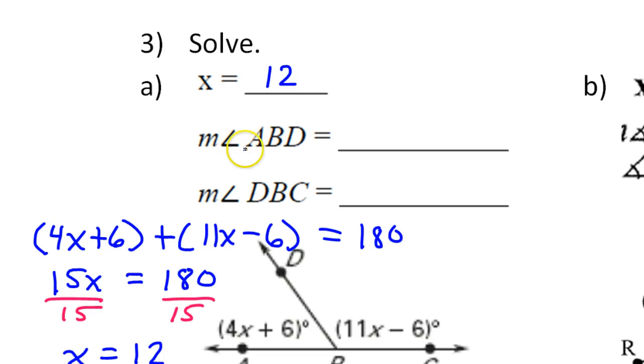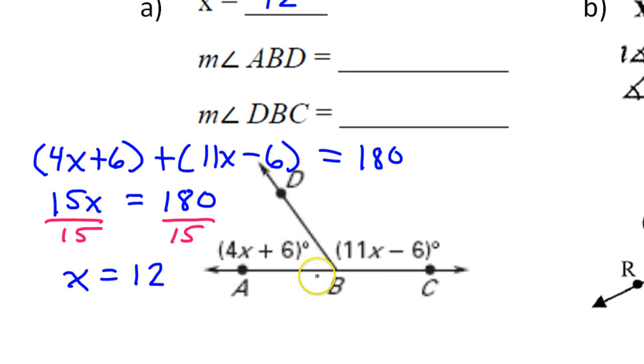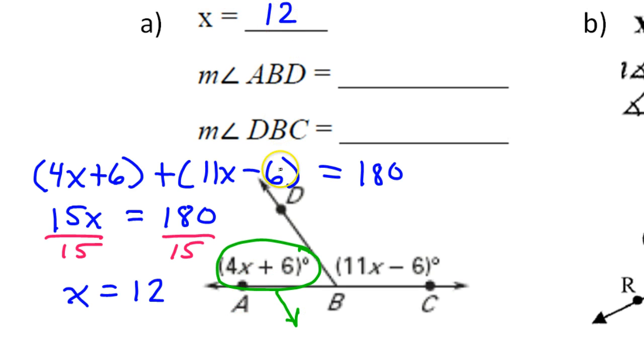Now, we are supposed to find the measure of angle ABD. ABD, that's this right here. So this is my expression for angle ABD, and now we know that x is 12. So this becomes 4 times 12 plus 6.